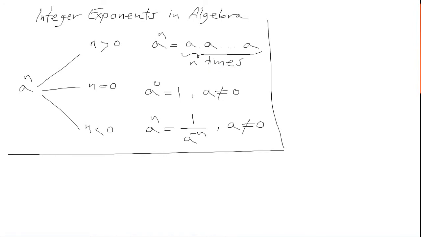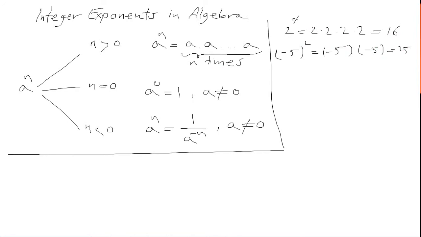So, for example, 2 to the power of 4 is defined to be 2 times 2 times 2 times 2, which is 16. Or negative 5 to the power of 2 is defined to be negative 5 times negative 5, which is 25.